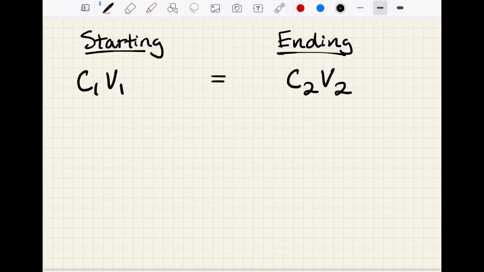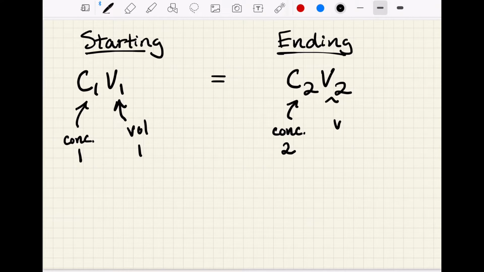So what we end up having is our concentration 1 times our volume 1 equal to our concentration 2 times our volume 2. So again, fairly straightforward. Concentration 1 times volume 1 equals concentration 2 times volume 2.